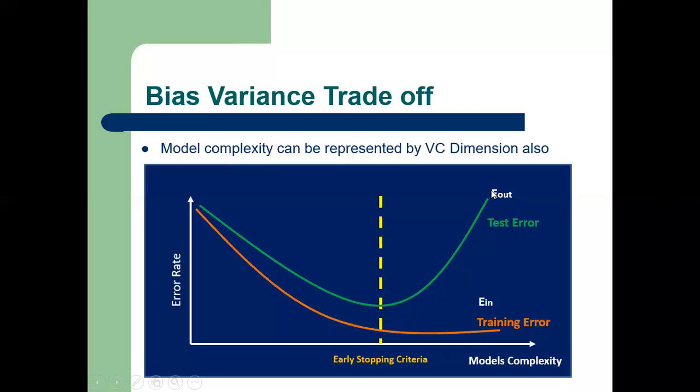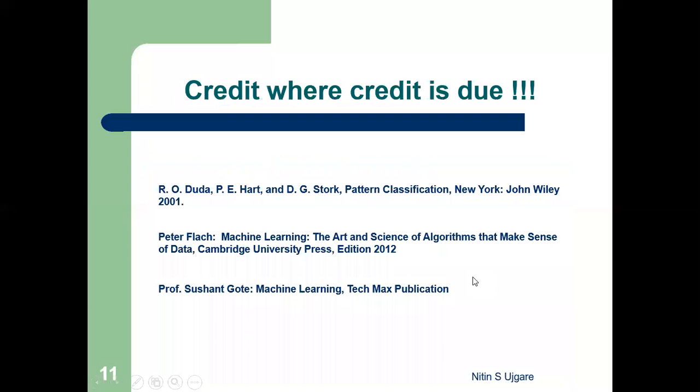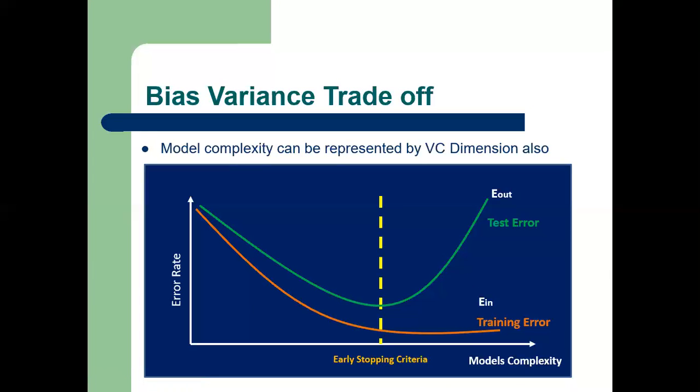In such cases, the learning model is said to have high variance, or the model will result in overfitting. So what are the ideal values of the train error and test error? Early stopping criteria will give us the ideal combination of the train error and test error.